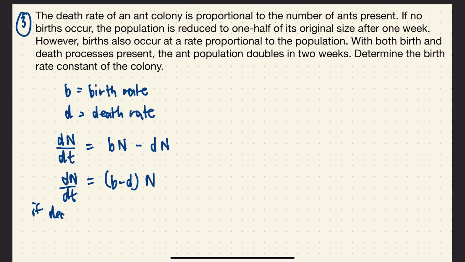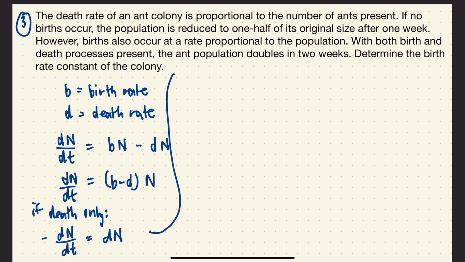If only death is considered, this will become dN over dt equal to negative DN. Now, just don't be confused with the derivative d and the death rate D. Okay? So when we solve for death only, because you're given the information for death only, this becomes dN over dt is equal to negative DN.